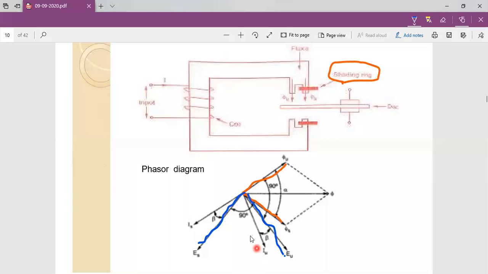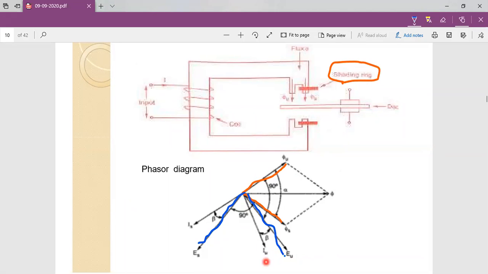Whenever EMFs are induced in the disk, we can see circulating currents or eddy currents in the disk, and those currents are IU, the unshaded current, and the second one is the shaded current. This IU lags EU, where EU is the induced EMF in the disk and IU is the circulating current in the disk.